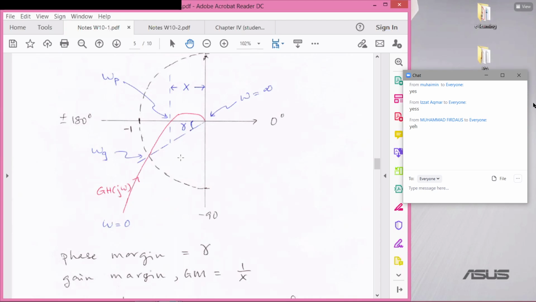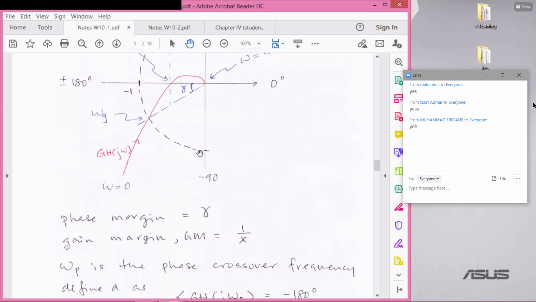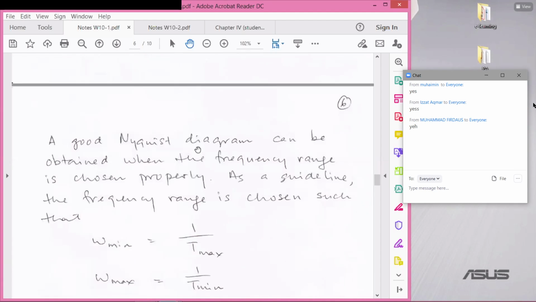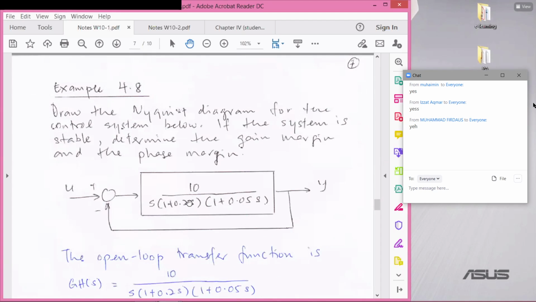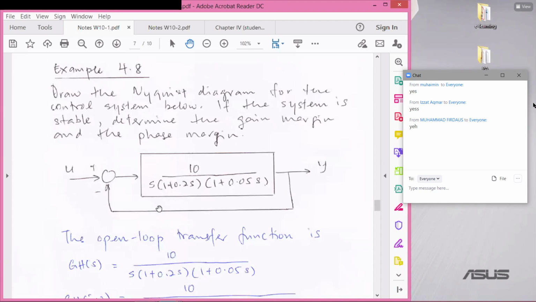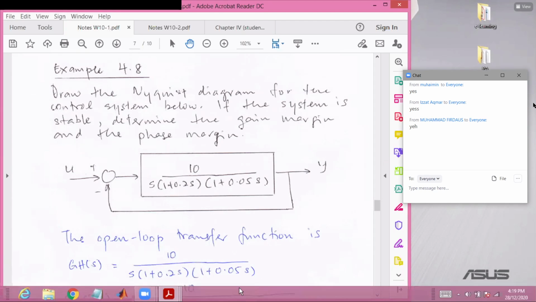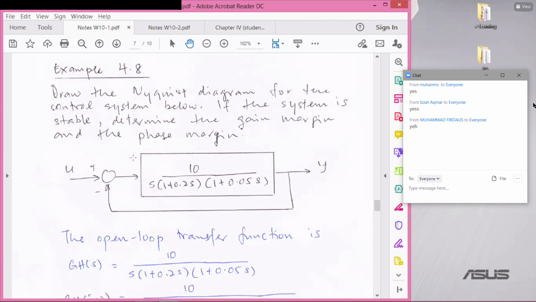But okay, so let's go into detail of the problem. Let's look at example 4.8, for example. This is a typical question that you are going to face in your test. By the way, there's always one question in your test about frequency response analysis.